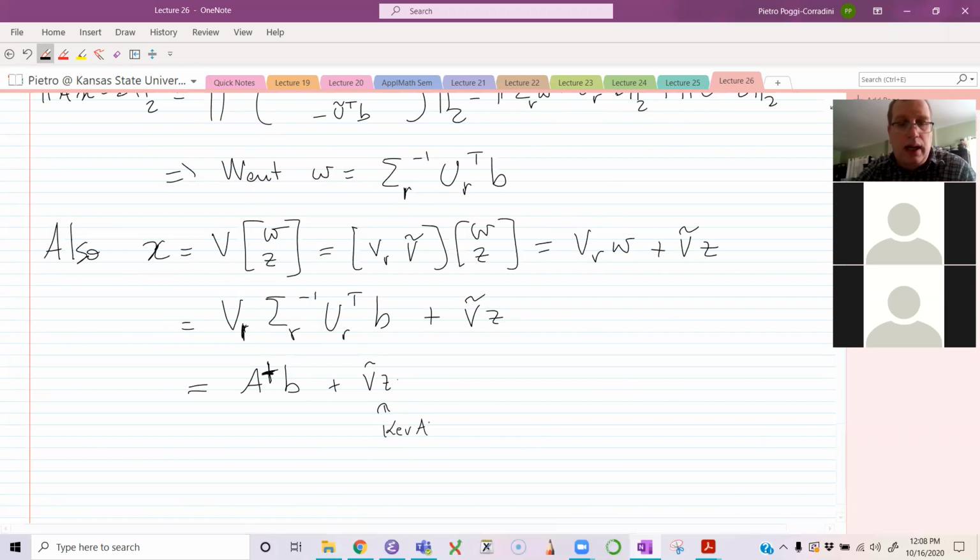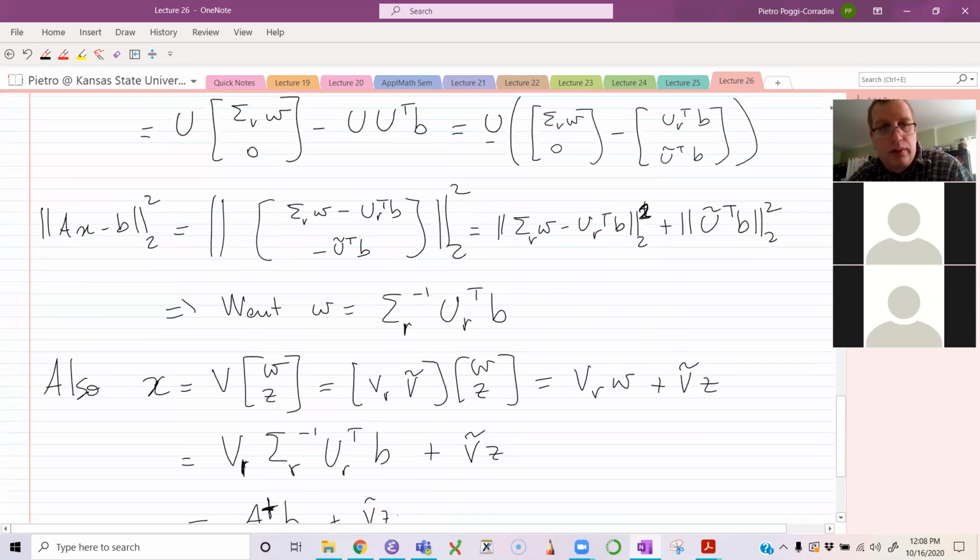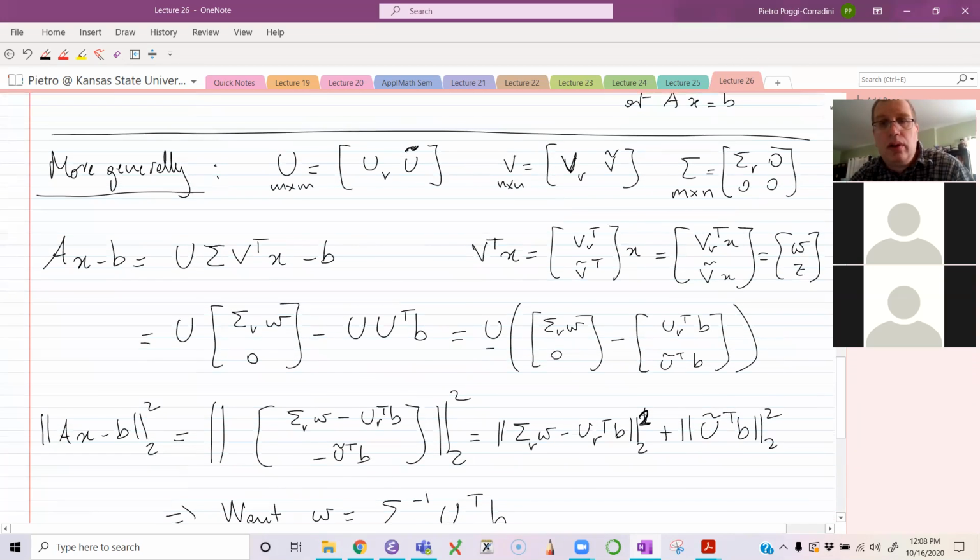Right, because the columns of V are orthonormal. And so when A is U sigma V transpose, we apply that to V tilde.